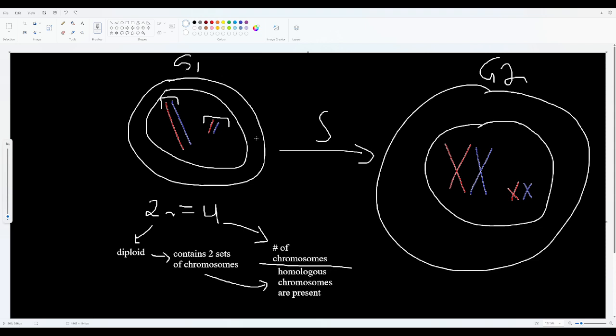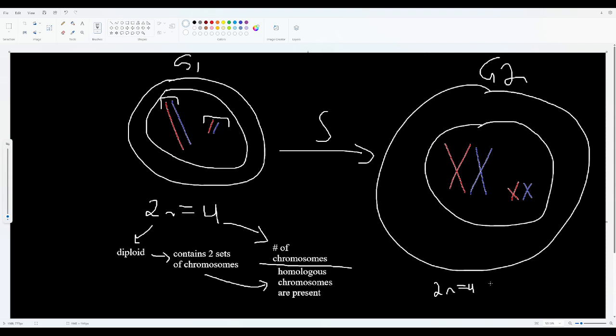However, and this is where it gets confusing, so pay attention, right? This is one chromosome. This is also one chromosome. This is one chromosome, and this is one chromosome. So we are still 2n equals 4.